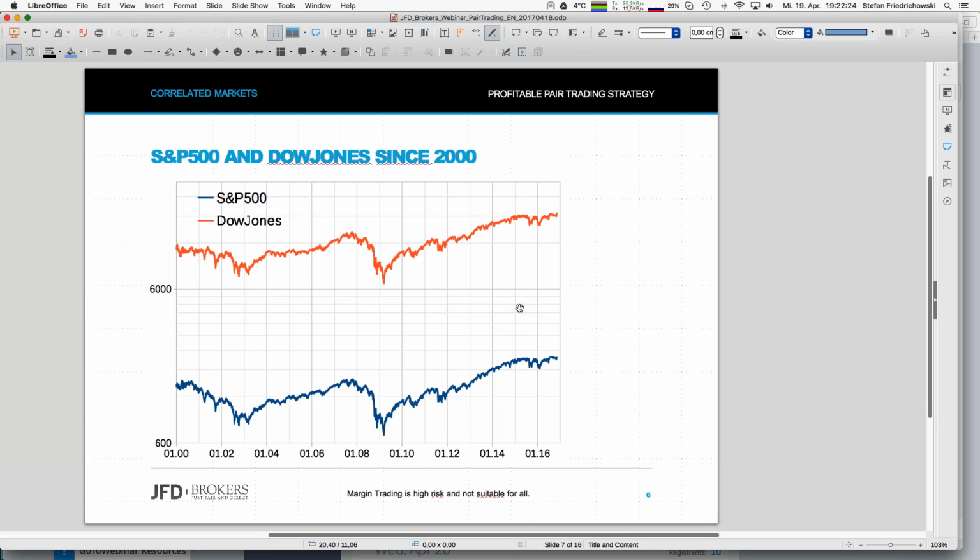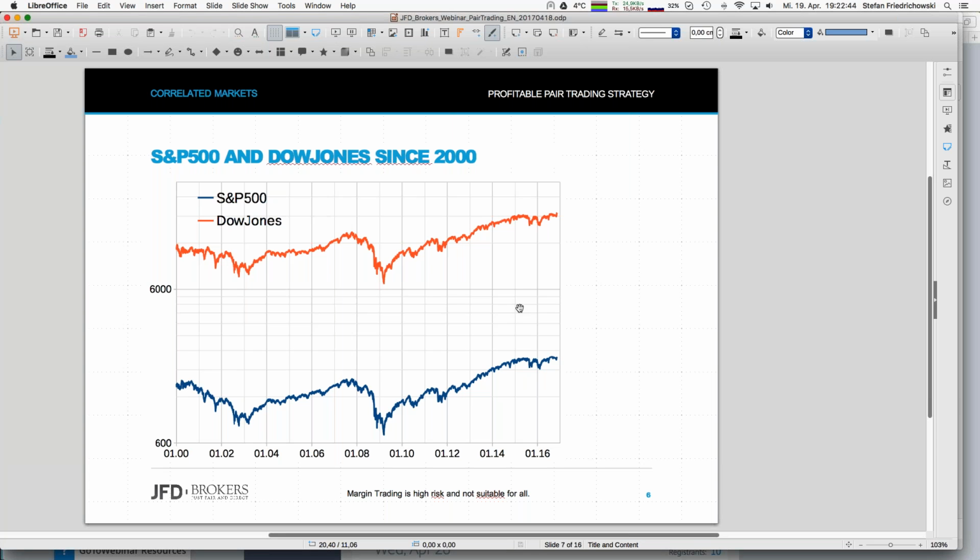So the story here is not as good as compared to Brent and WTI, because an increase of the one does not automatically mean that the other one has to increase as well.